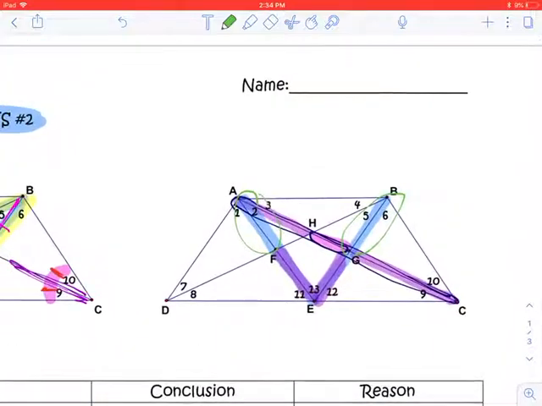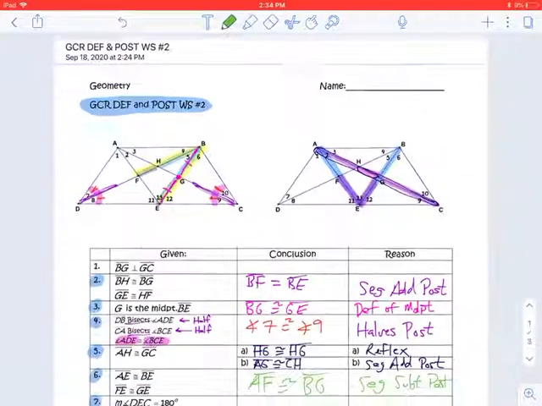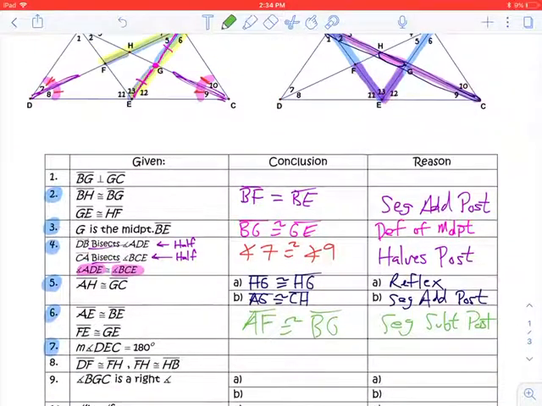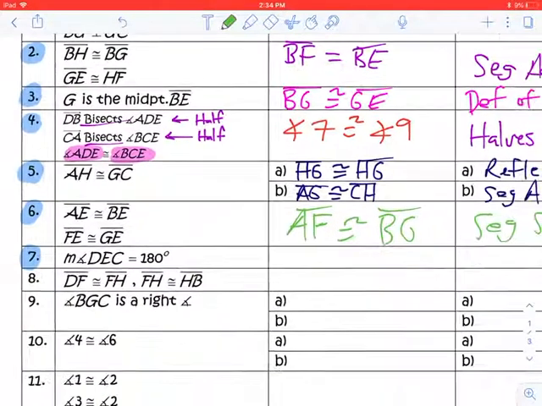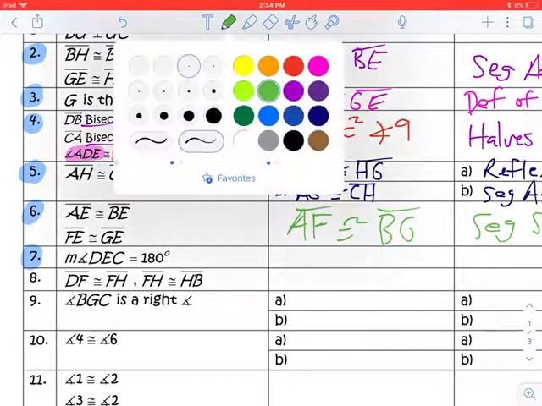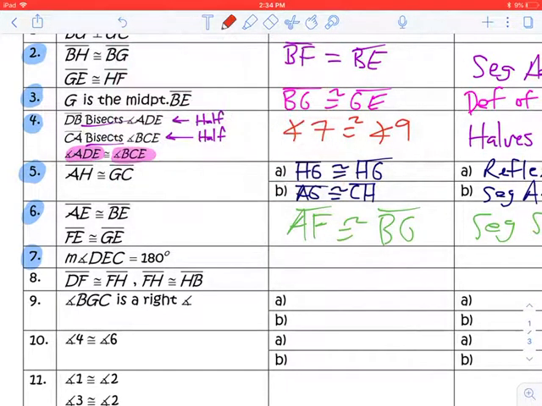The last one should be one of the easiest ones, but we got to know what our definitions are. If it says a measure of an angle is equal to 180, what's the only type of angle that's equal to 180? I don't even have to look at my picture here. That would be a straight angle.